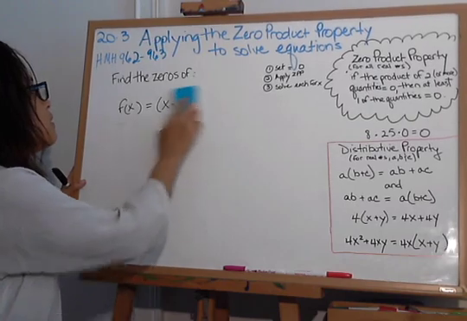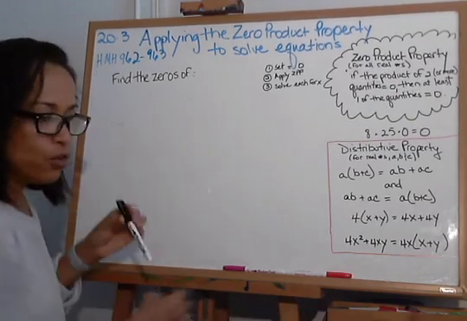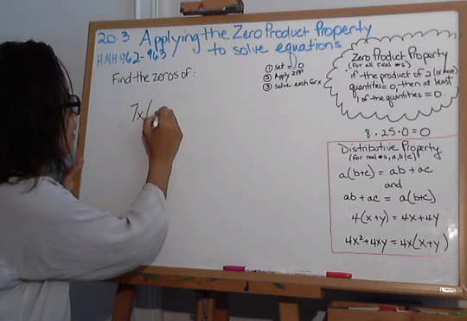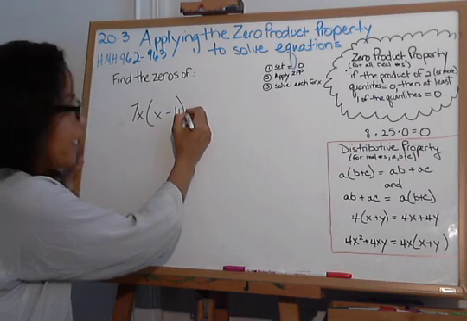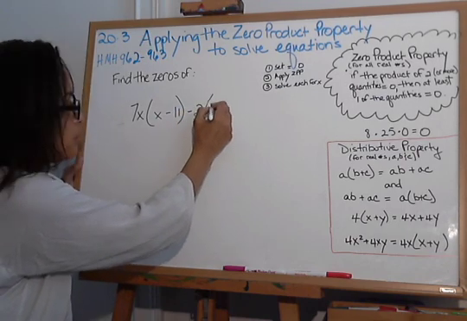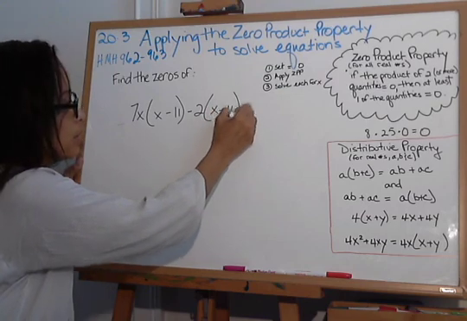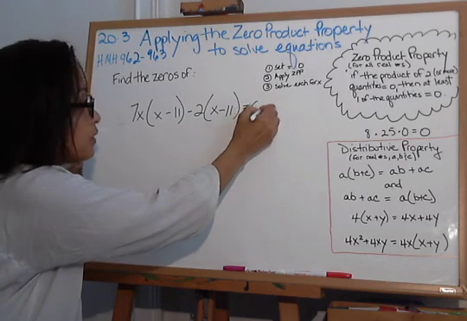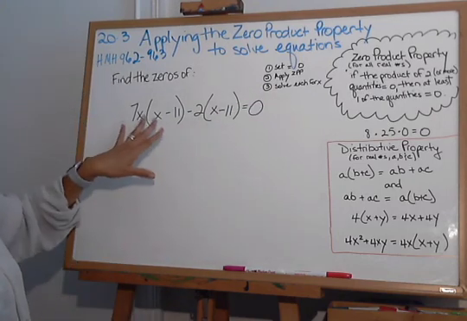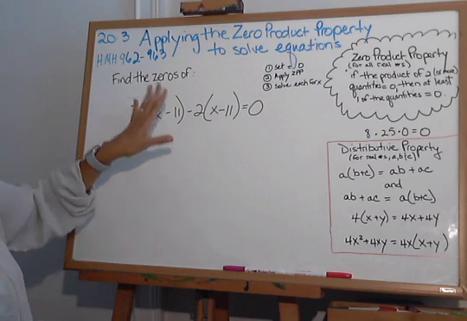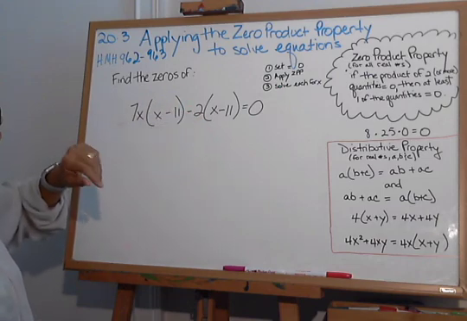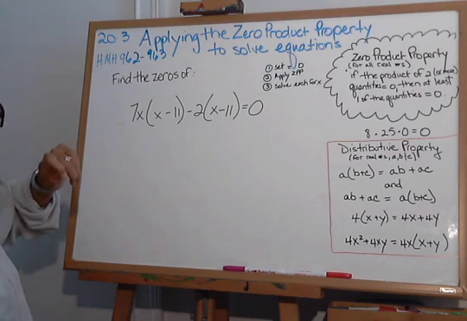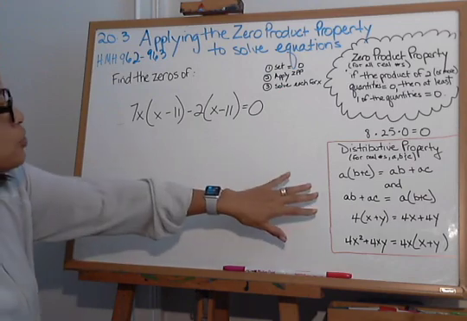But in this section, we're also going to do a couple more complicated ones where you're going to have to apply the distributive property and then the zero product property. Here's one on page 963. Here I have something that almost looks like a function in factored form, but I first need to apply the distributive property.